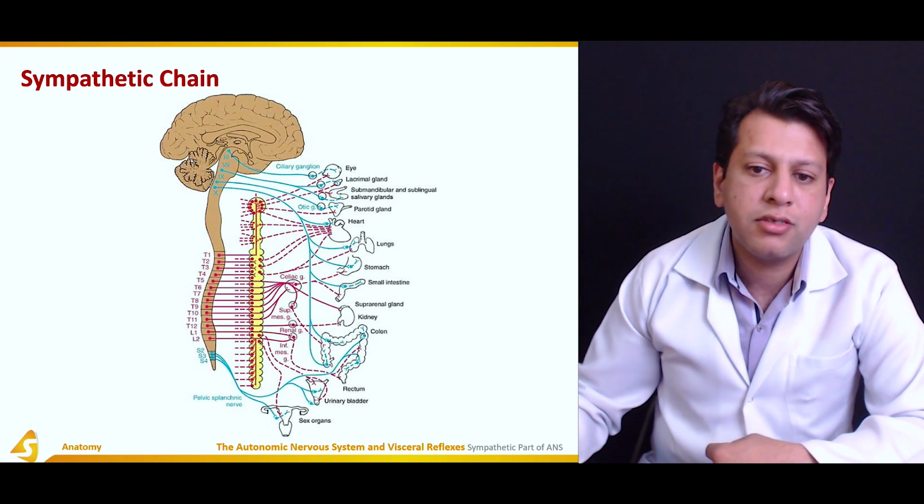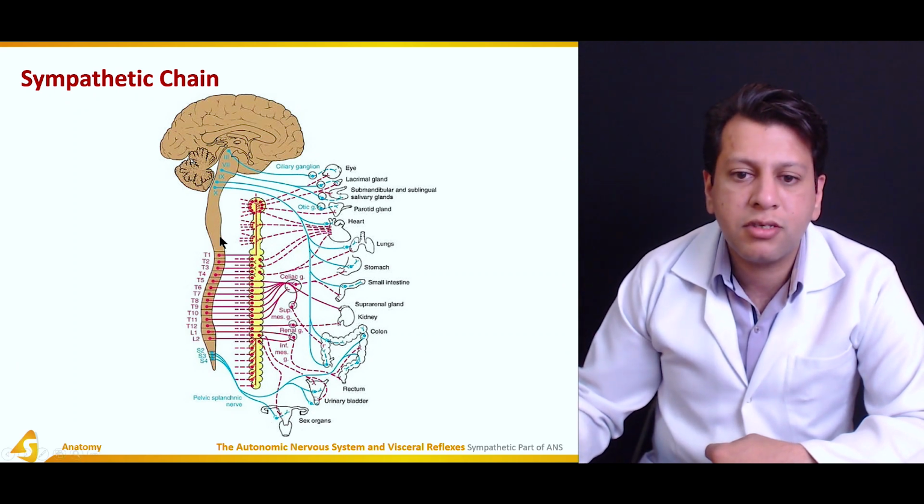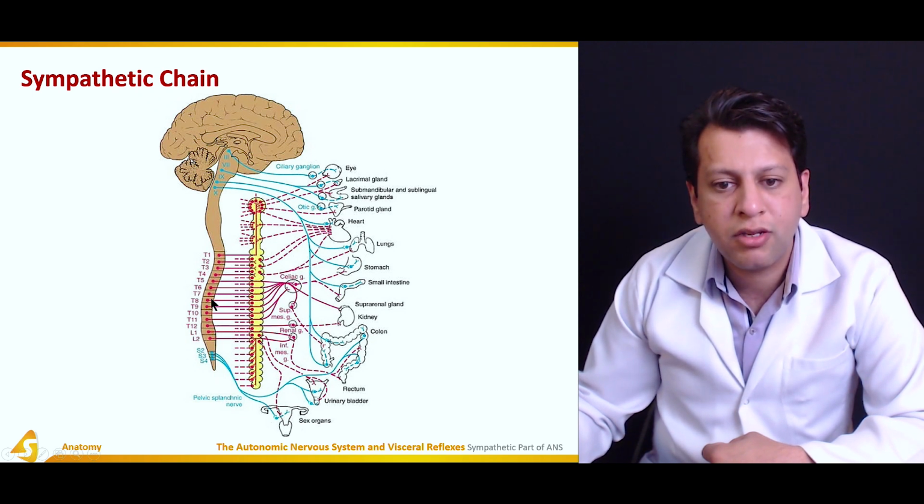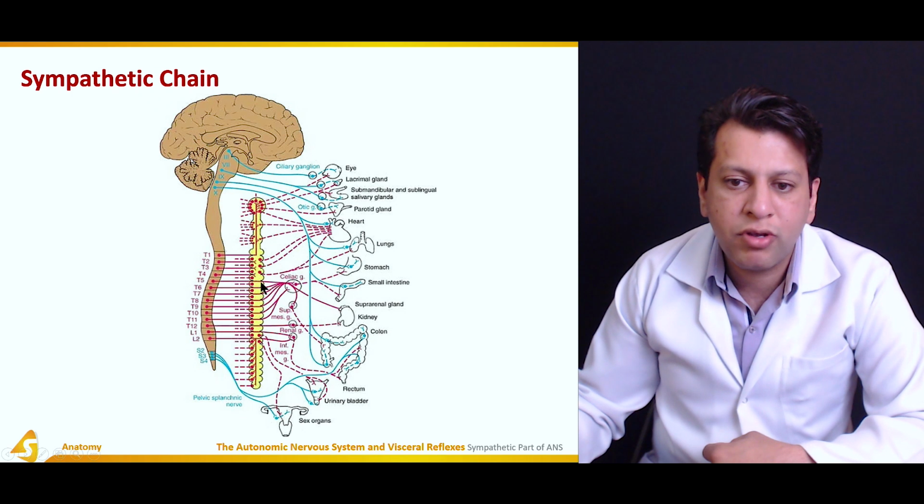Now, this is what I was talking about. This is the sympathetic chain, which is a paravertebral chain. Adjacent to it, there is the thoracolumbar outflow from T1 till T5, T6. You have the greater splanchnic nerves, and then you have the lesser splanchnic nerve, and then there's maybe T11, 12, which is the least splanchnic nerve. The fibers are all going into the celiac ganglia and the suprarenal and renal ganglia.